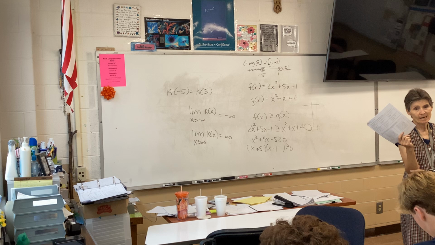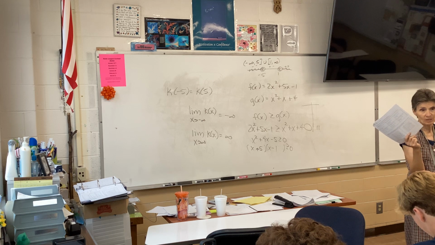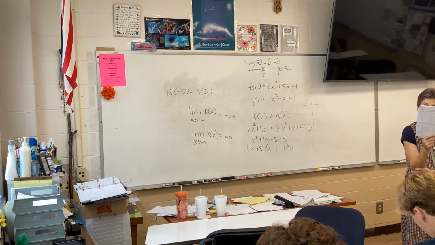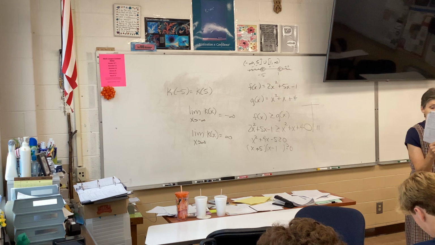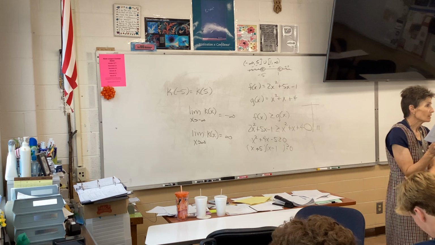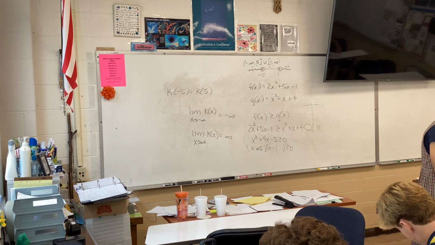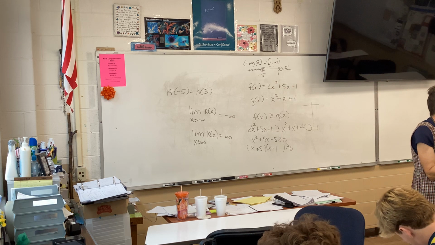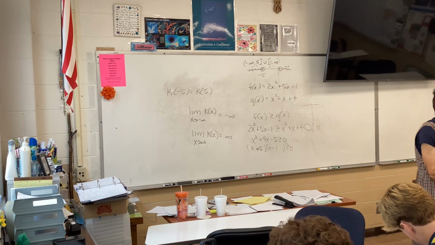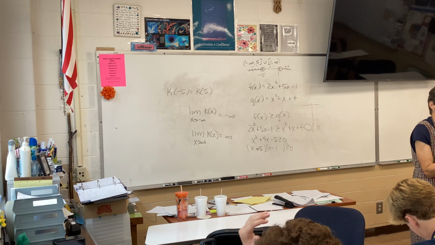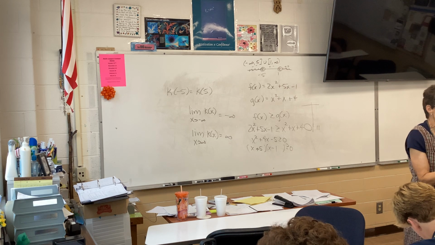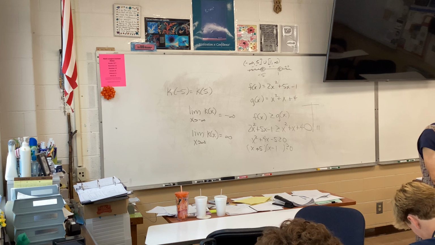Even degree and negative coefficient. So that goes with which equation? 3? In equation 3, do C and D matter? Not in this conversation, right? Obviously they have impact, but not when we're talking about the end behavior.